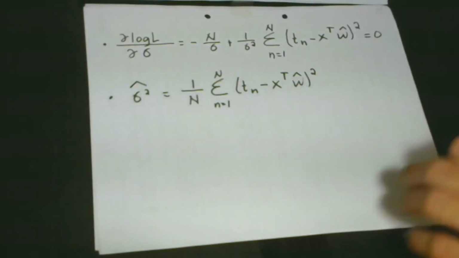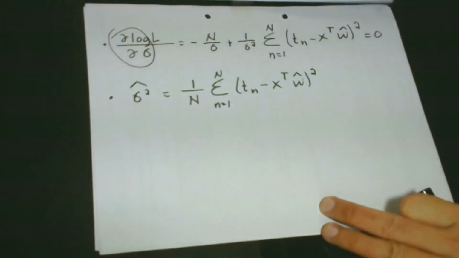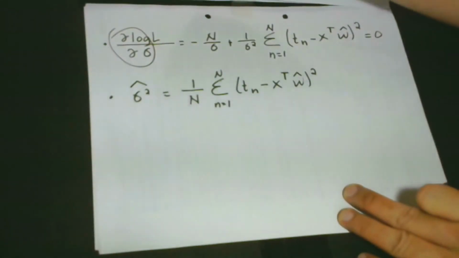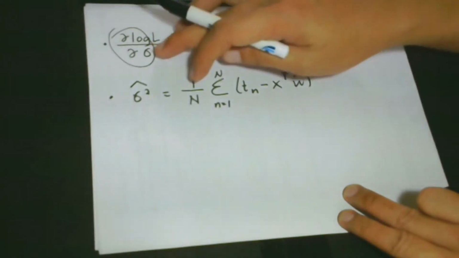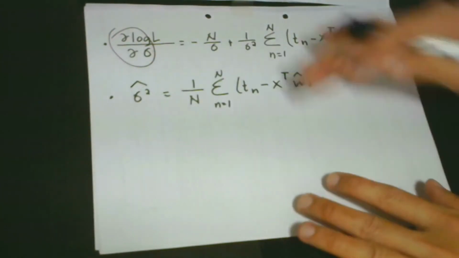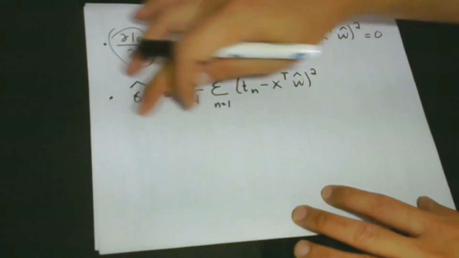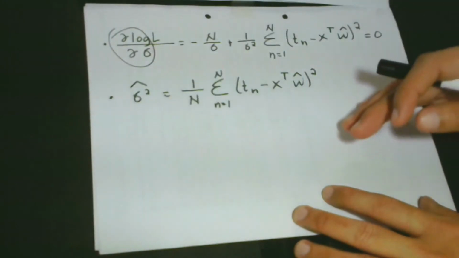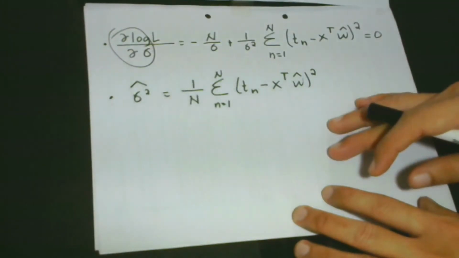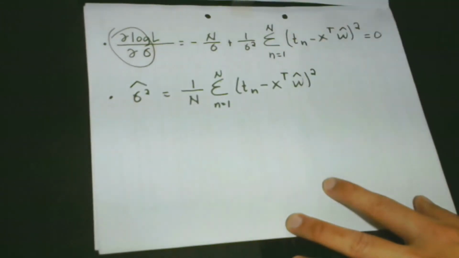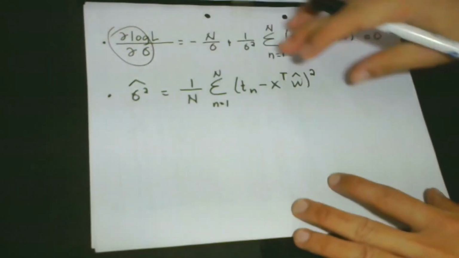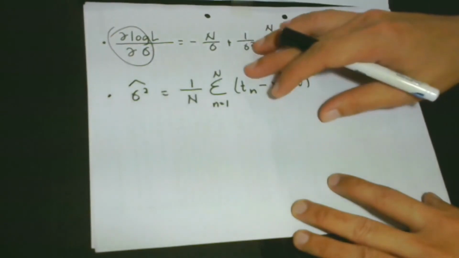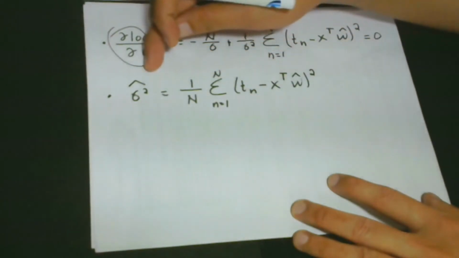And as you could see, the same as with w hat, we also take the partial derivative with respect to sigma. When we rearrange this expression, we get this one. Again, we don't have to go through the step-by-step processing of this expression from this point to this point. I will leave that to you. Here, we could see that the variance is just the average squared loss.